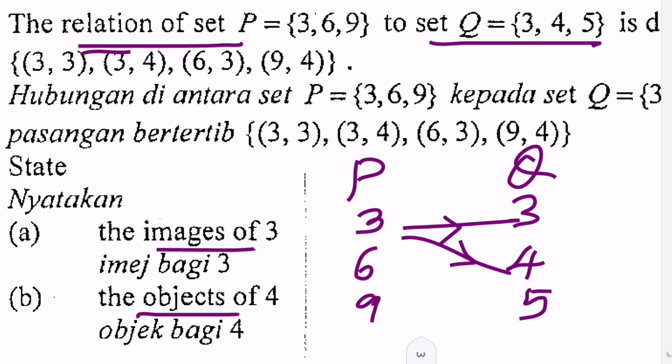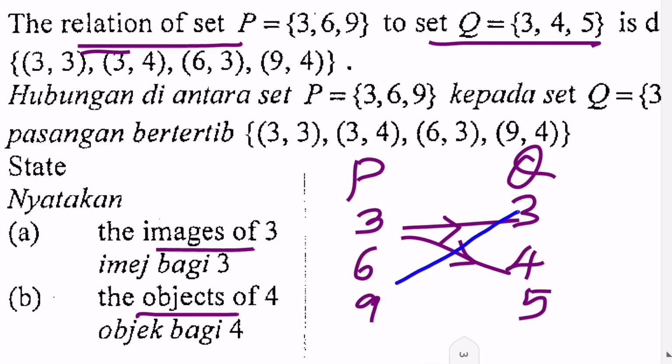So for object 3, it has 2 images. And for object 6, the image is 3 with the blue line. And then for the object 9, the image is 4. I'm showing it using the blue line for object 9 with the image 4.